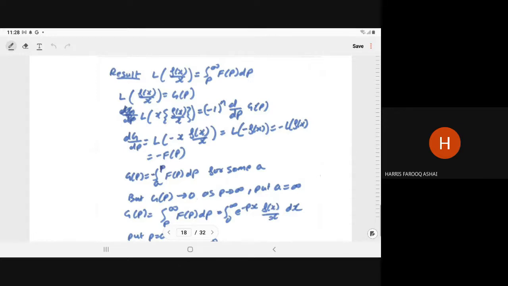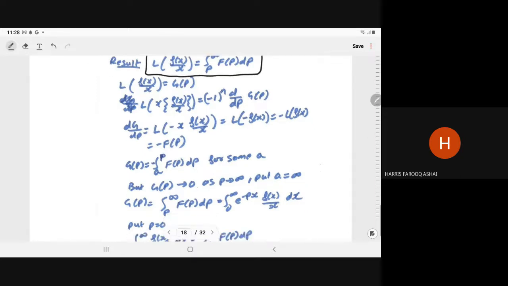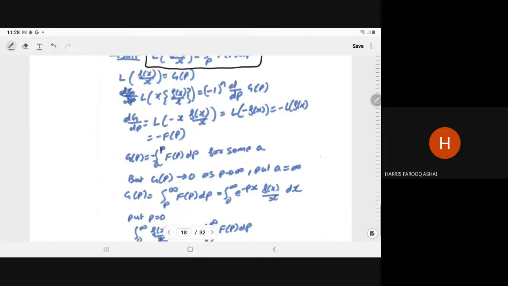So the Laplace transform of f(x) upon x is equal to the integral from p to infinity of F(p) dp. So let the Laplace transform of f(x) upon x be equal to G(p).